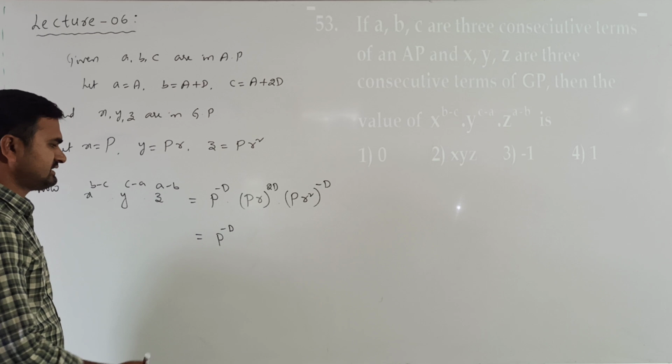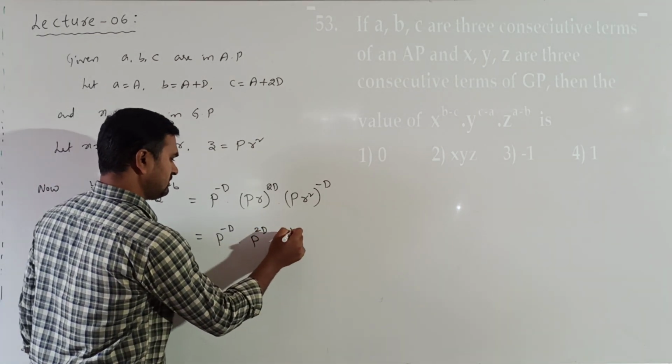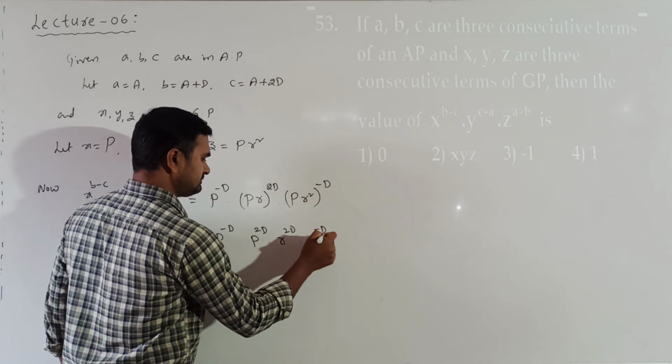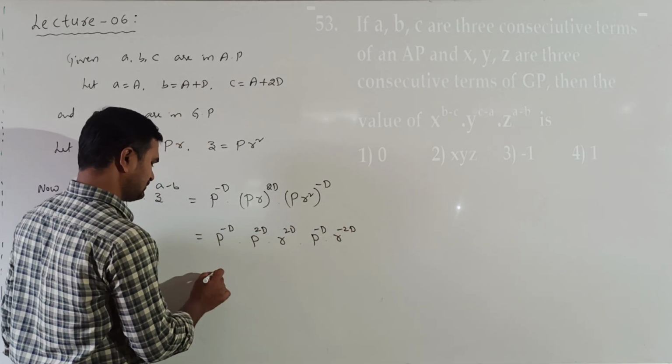So it is p power minus d into p power 2d, r power 2d, p power minus d, r square power minus d, r power minus 2d.